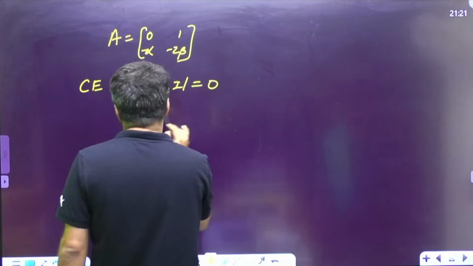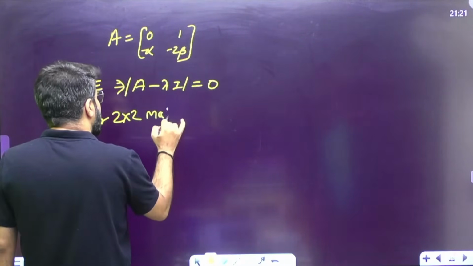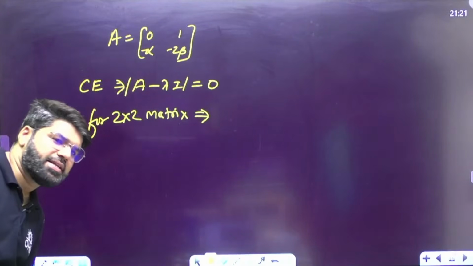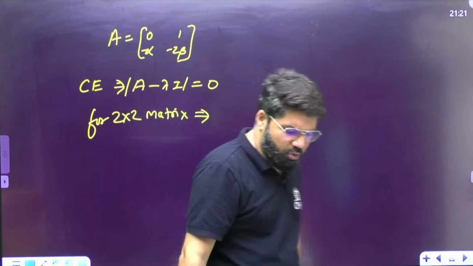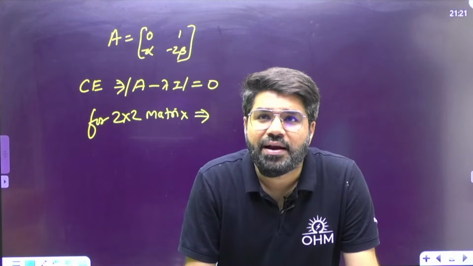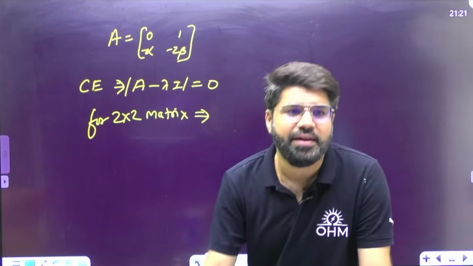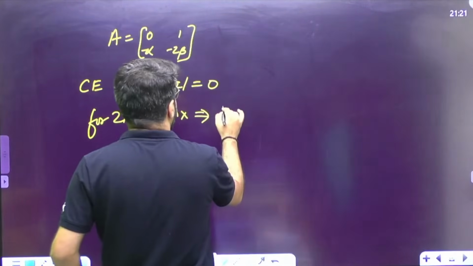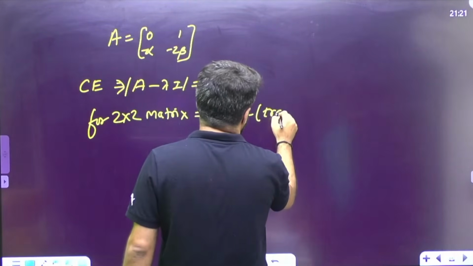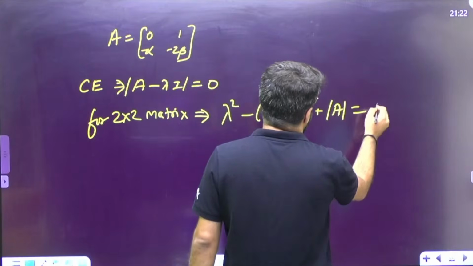Now the characteristic equation is normally written as determinant of A minus lambda I equal to 0, but in control systems as well as mathematics, when you talk about eigenvalues, or the Cayley-Hamilton theorem, you need the characteristic equation in several places. The characteristic equation for a second order and third order matrix should be directly written by you. For a 2 cross 2 matrix, on solving this we write lambda square minus trace into lambda plus determinant equal to 0.